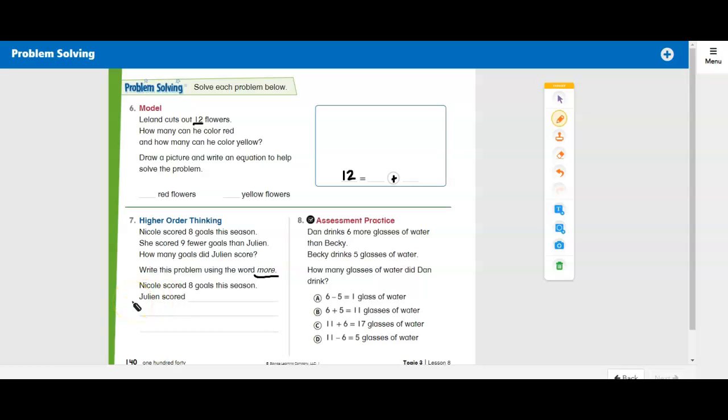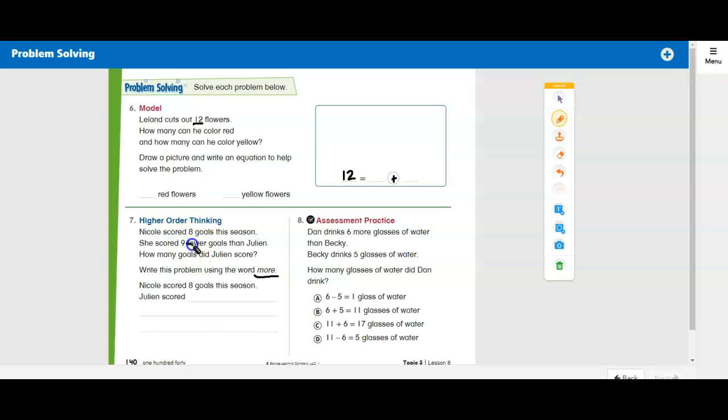Do you remember in our lesson so far how we've talked about when it says 9 fewer or 4 fewer? That just means that the other person scored 9 more or 4 more than the person. So we are just changing one of our words.